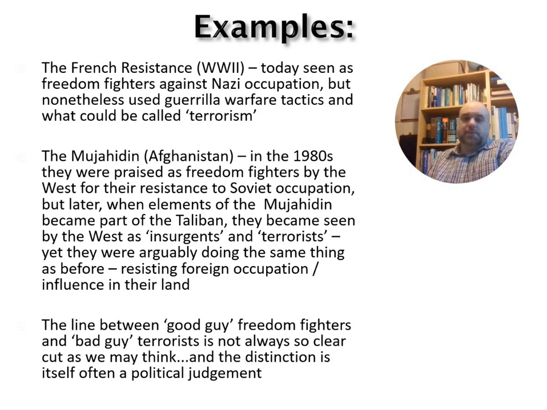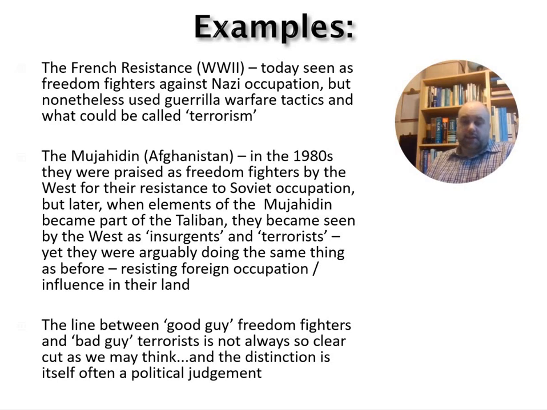So, let's look at some examples. I mean, if we look at the French resistance during the Second World War. Now, again, we tend to see them as heroes because of who they were and what they were fighting against. Yes, they were resisting the Nazi occupation of their country, so we see them as heroes.